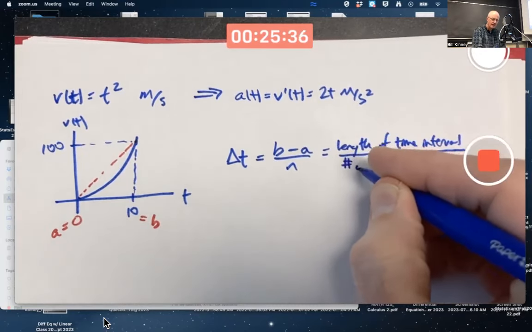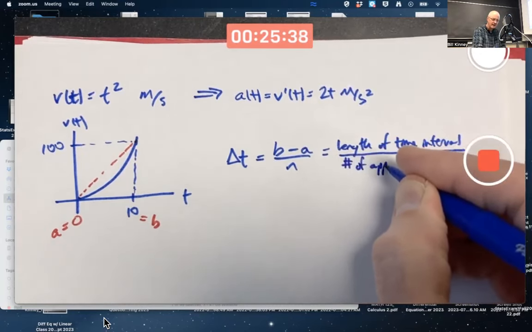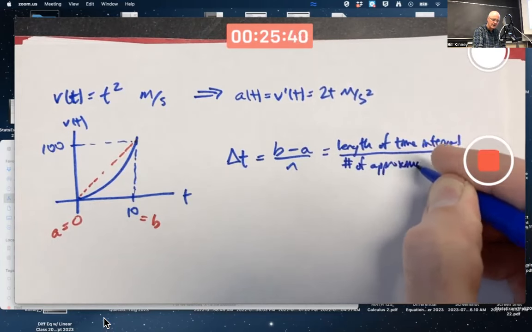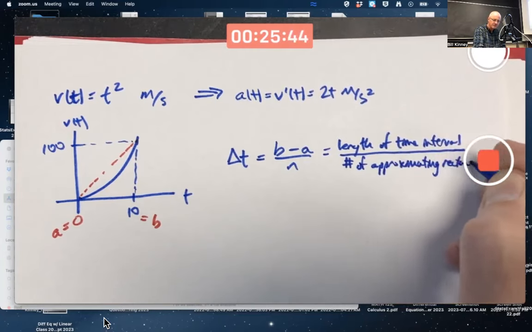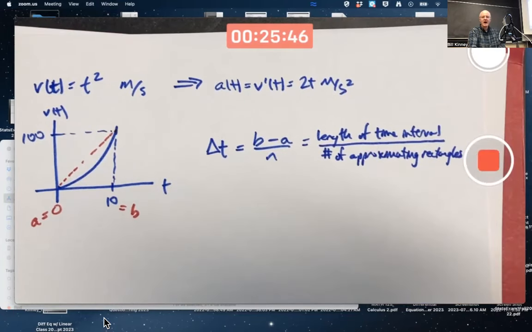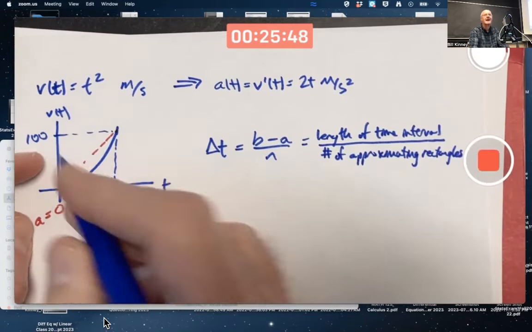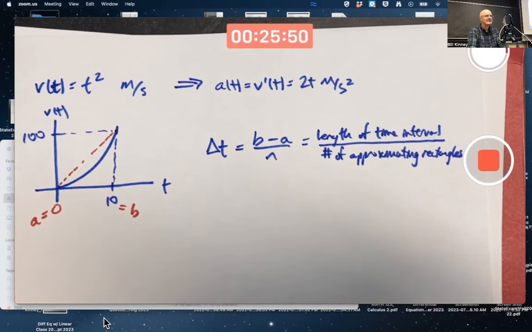Well, what's an approximating rectangle? Well, one approximating rectangle is the entire big rectangle here, but that's not a very good approximating rectangle. I want better ones.